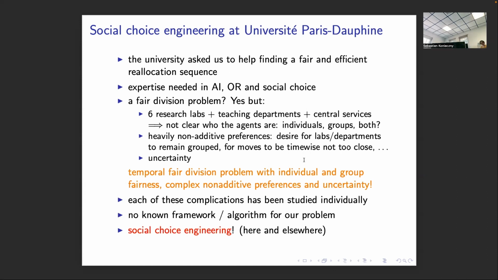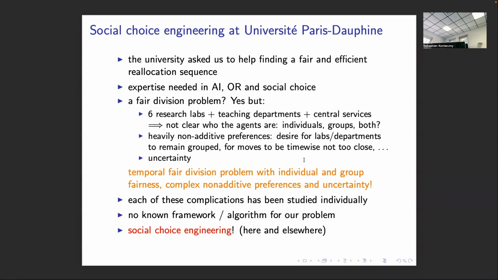But it doesn't take long to realize that this is a fair division problem, a very complex one. First, you have six research labs, teaching departments, and central services. It's not clear who the agents are. You have to be fair to individuals or to groups. After thinking, it turns out that we have to do both. This is already not classical at all.